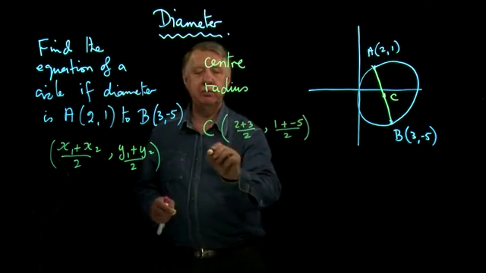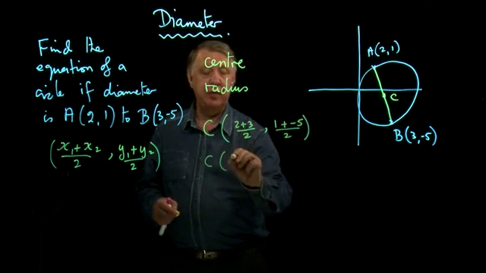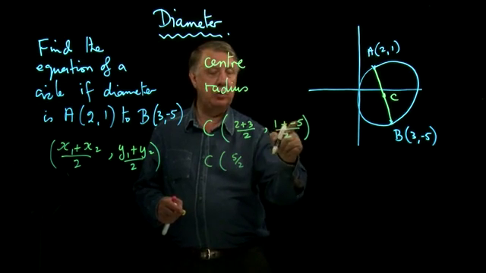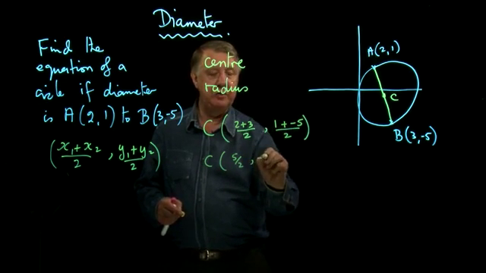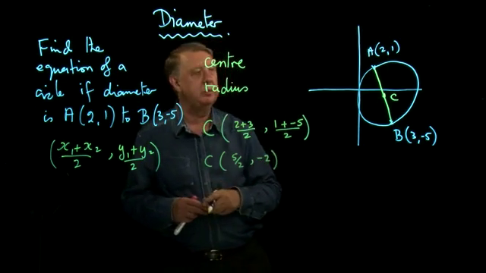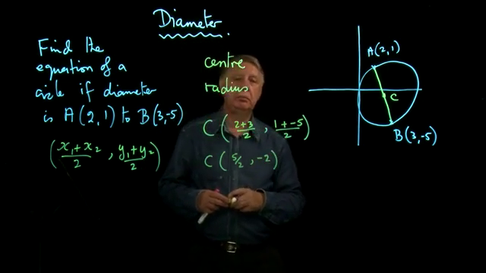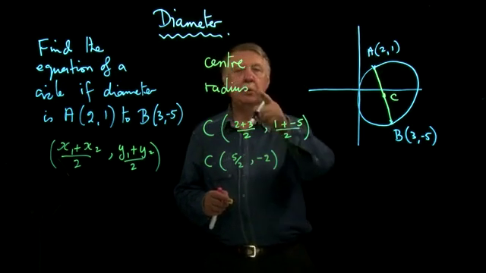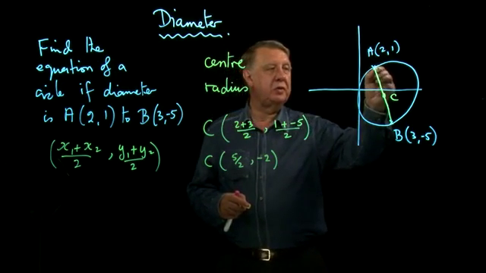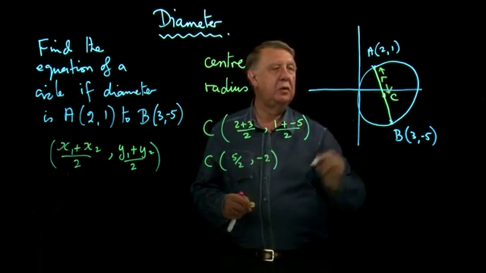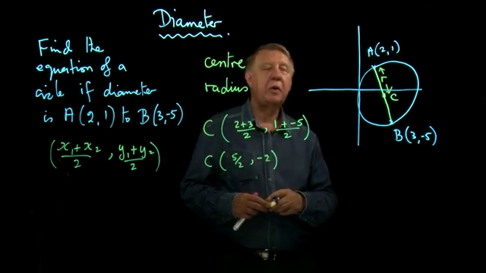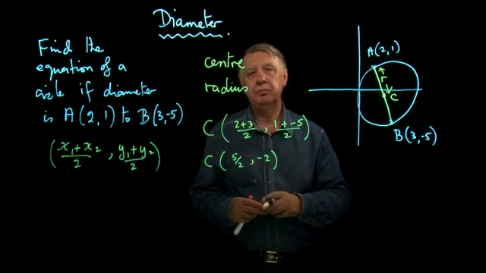So the centre is 5 over 2, negative 4 over 2, which is negative 2. Now the radius. Well, the radius is, of course, the distance from the centre to one of the points. So I want my distance formula.